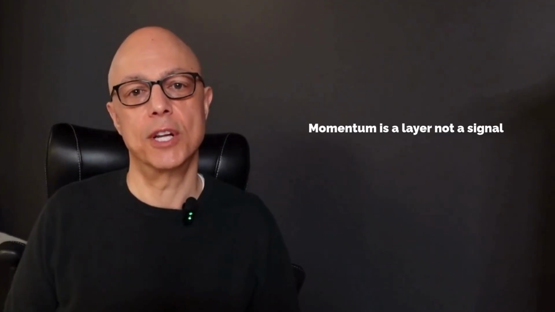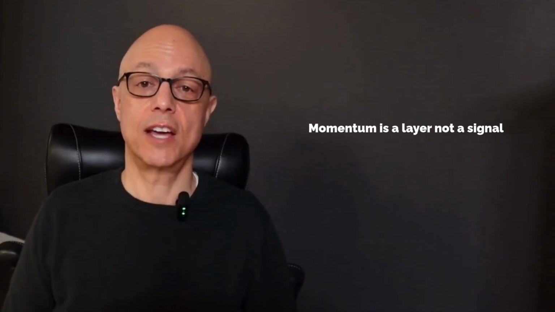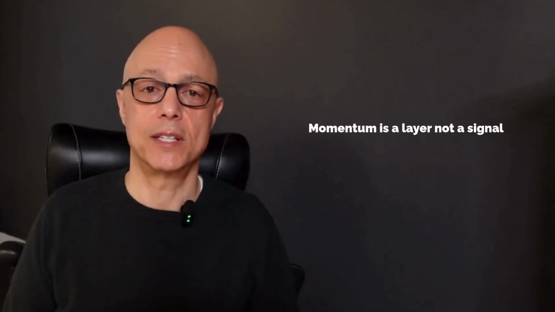Trend direction, price structure, structural reasons to be directionally interested. The TSI confirms those things. It doesn't replace them. If you've been frustrated by momentum indicators that don't follow through on their signals, the most useful thing you can do isn't to look for better settings or a different indicator. It's to step back and ask yourself what you're surrounding the signal with. That's where the answer almost always lives.